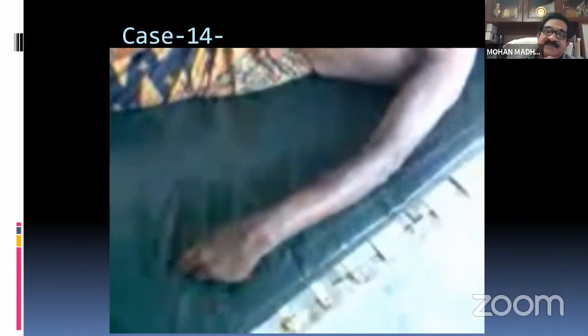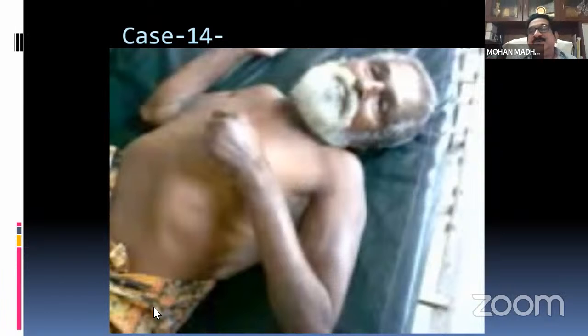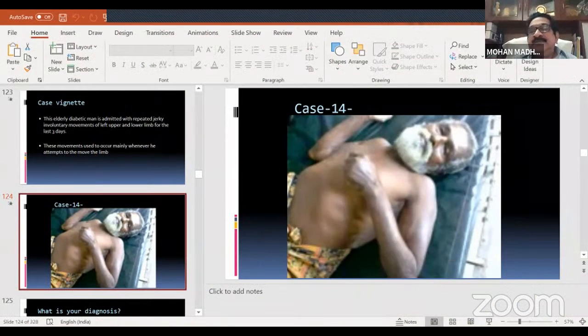The hand goes into repeated stereotyped myoclonic jerks. But the moment it is at rest, it disappears. Trying to attempt to move the limb, it comes back again. Something like monoballismus, sir. Yeah. So this is only to show that. This is said to be very characteristic of diabetic hyperosmolar state.